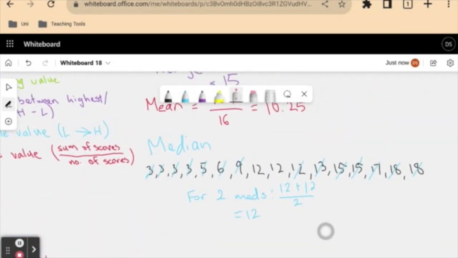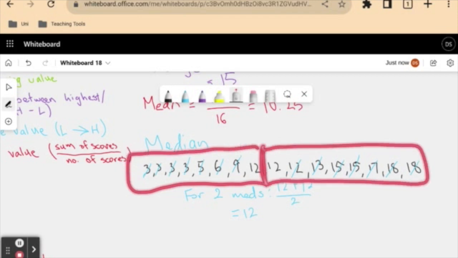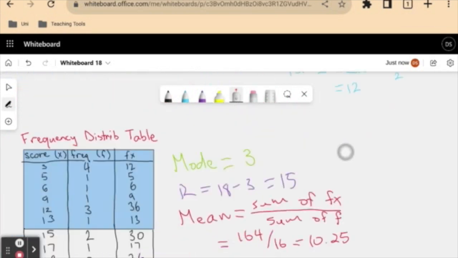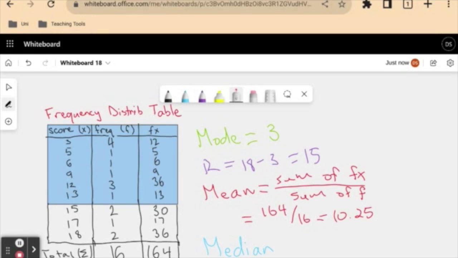Sort of in a way we did here. We have 8 terms here and 8 terms here. So our 8th and our 9th term will be the two medians. Or if there were 18 scores, we can split that number 18 into 2 and we'd see, well, the 9th and the 10th are going to be my middle.